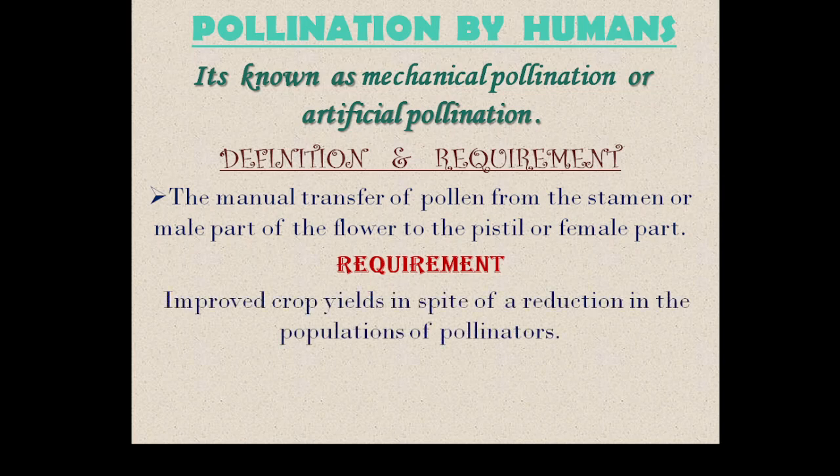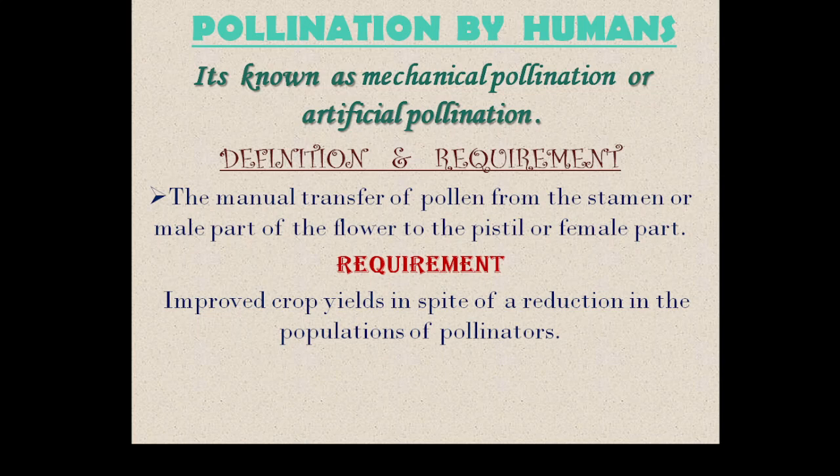manual transfer. It aims at improved crop yields in spite of a reduction in the populations of pollinators due to the use of fungicides, pesticides and other chemical fertilizers.